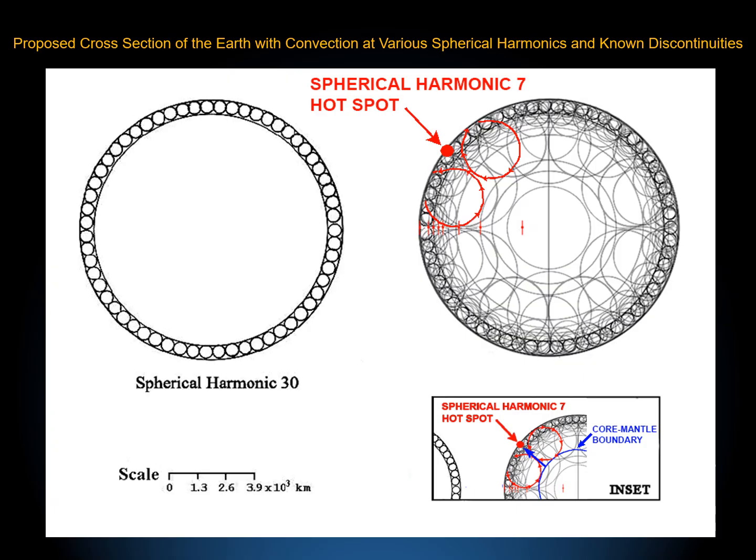Before proceeding, I would like to mention that the circles here representing Rayleigh-Benard convection are merely models. The actual movement of Rayleigh-Benard convection within cells in the mantle would not be circular. This is a model.